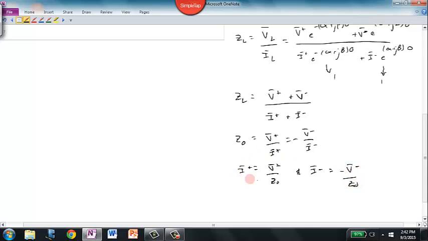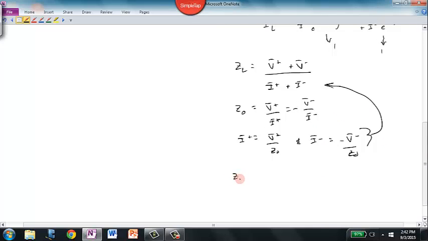So I'm going to plug these two values into this equation right here, and we find out that the load impedance is equal to V bar plus plus V bar minus over V bar plus over Z0 minus V bar minus over Z0. Now all I'm going to do is pull this Z0 out of the denominator.